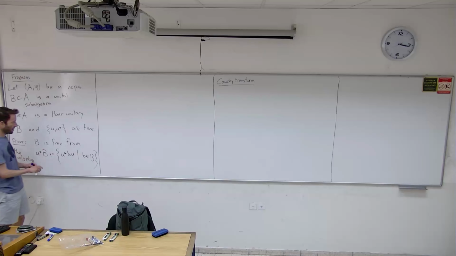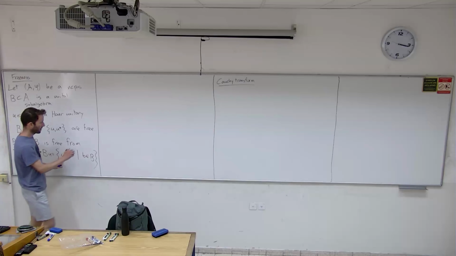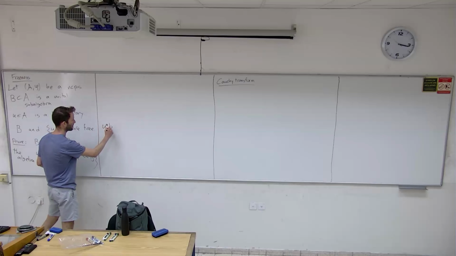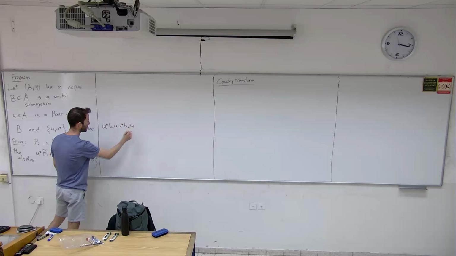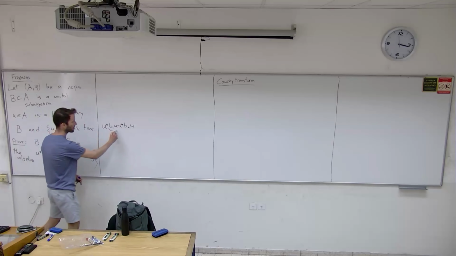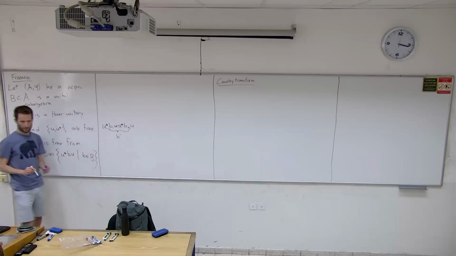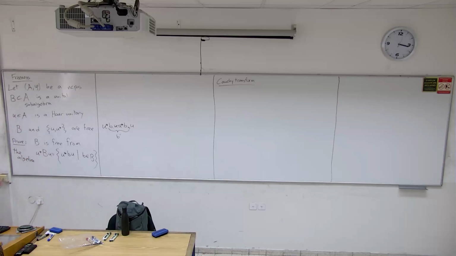Addition is clear from the algebra definitions, but if I have U star b1 U times U star b2 U, then the middle cancels out, and this will be U star b1 b2 U. So this is an algebra, and what I need to prove about it is that B is now free from U star BU, given that B is free from the Haar unitary.